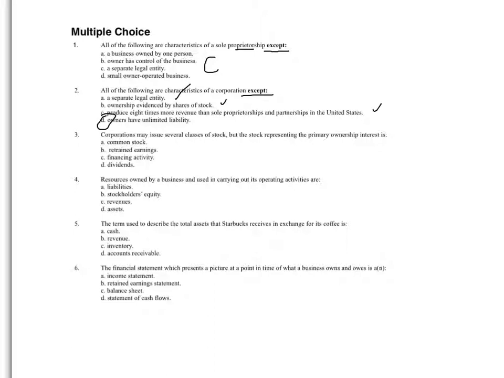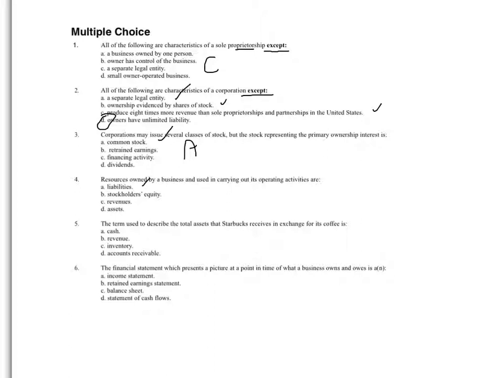3. Corporations may issue several classes of stock, but the stock representing primary ownership is common stock. First one right off. Retained earnings? No. That's what's left over after paying the dividends. 4. Resources owned by a business and used in carrying out the business activities.